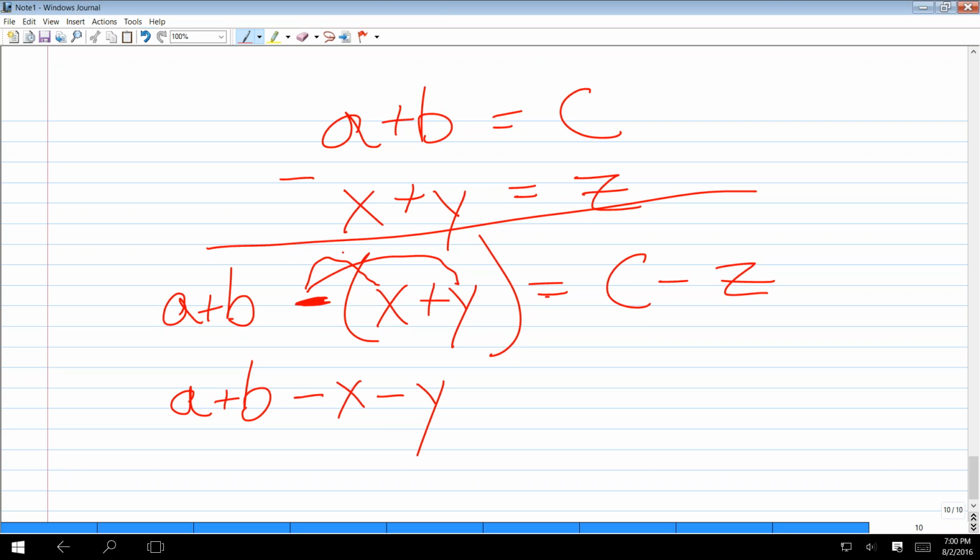If that was a minus 2, then it would be minus 2x minus 2y. In other words, everything outside of the parentheses has to be distributed to everything inside of the parentheses.